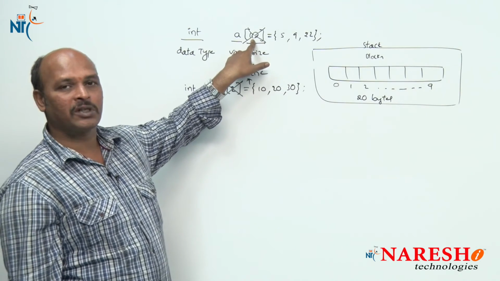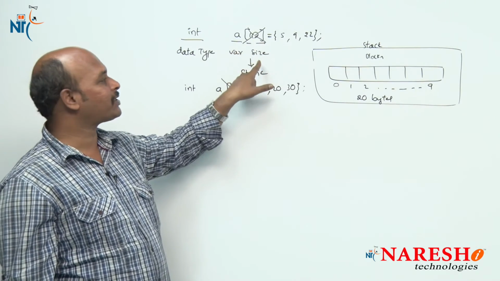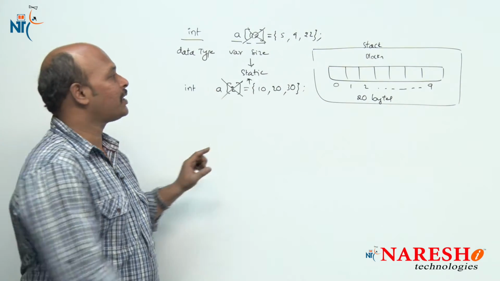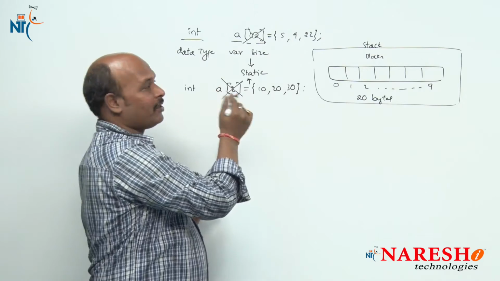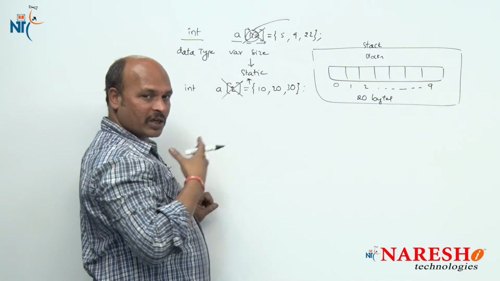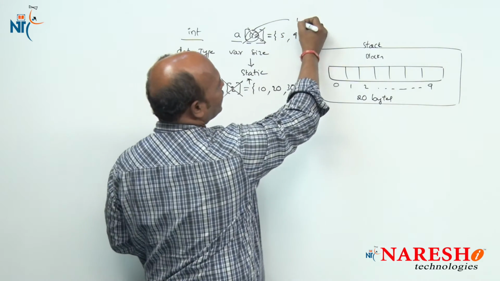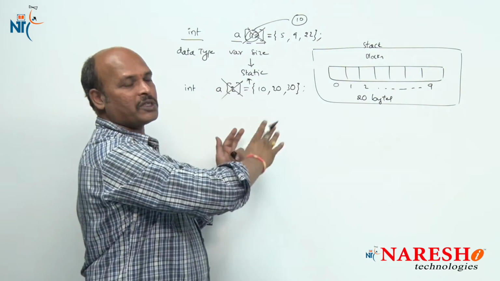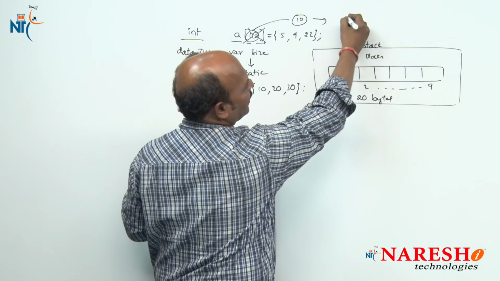Here the user specified 10, so it creates 20 bytes. Now the compiler understands the user requirement is 10 integers. The same code is passed to execution.